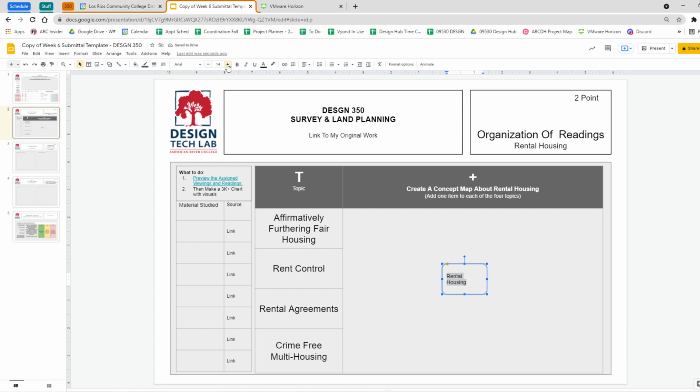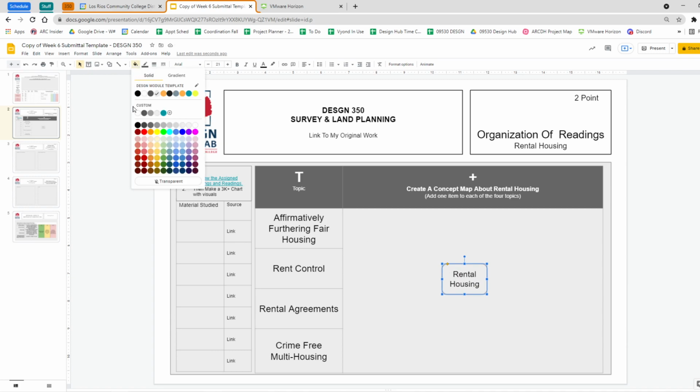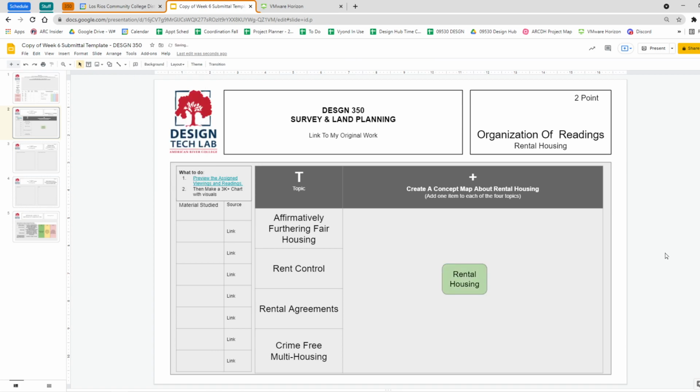And you can do some stuff to make it look bigger and better and things like that. And maybe even change that color as a level 1. Maybe you want something like that. Each of these are going to be a topic around your primary focus.